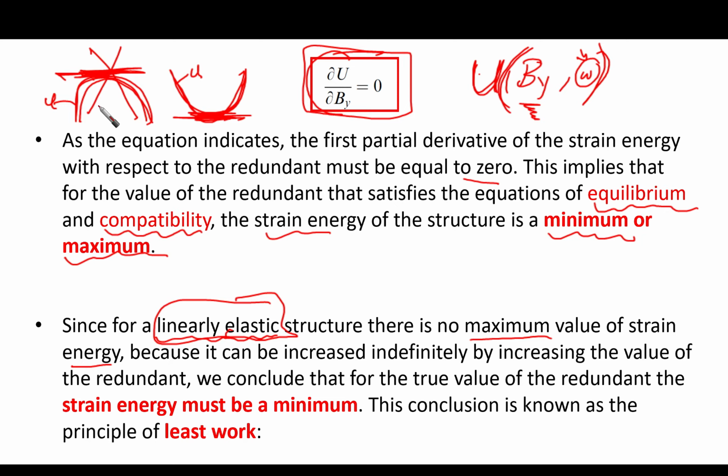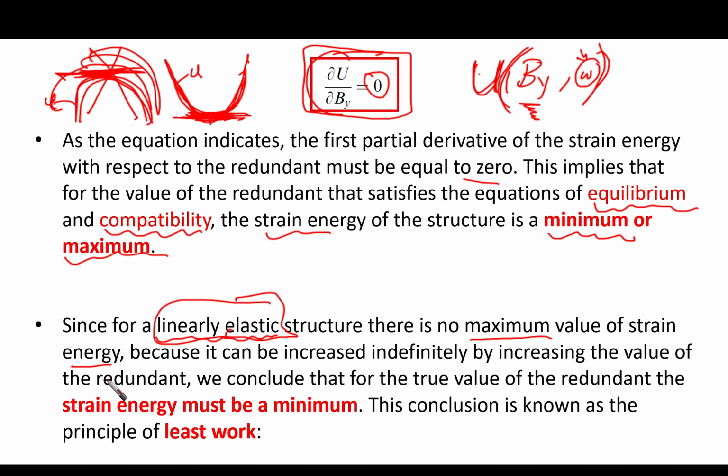For example, if we increase the redundant, this value is going to increase over and over again. But whenever we talk about minimization, what is the minimum value of By? The strain energy is going to be 0, where the deflection is going to be 0, okay? Then this is our case. This is the case of the least work.